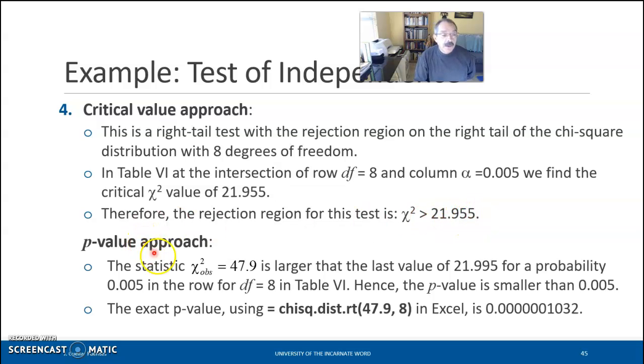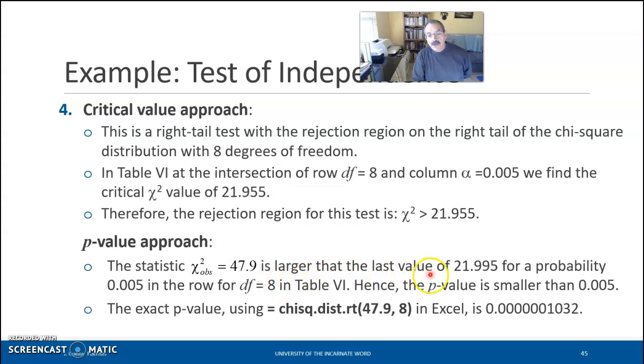Now, for the p-value approach, again, you need to look at the row for 8 degrees of freedom and see where the value of the test statistic, 47.9, is. If you look at the values on that row, you find that 47.9 is larger than the last value of 21.995 for a probability of 0.05 in the row of 8 degrees of freedom, of course, in table 6.